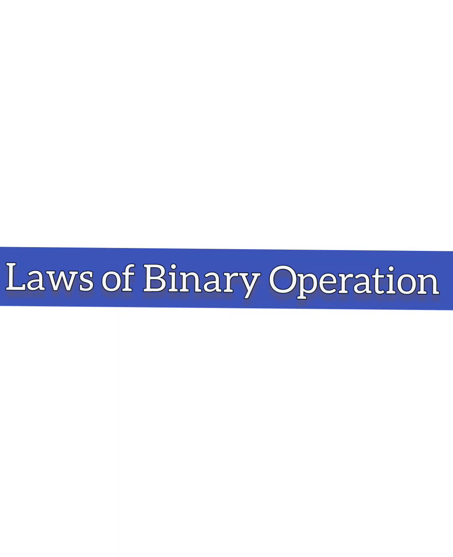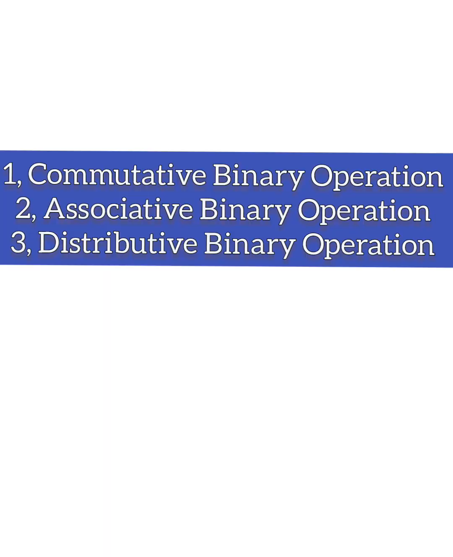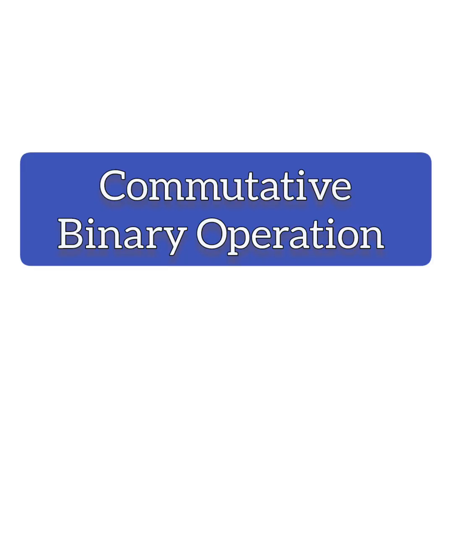Laws of binary operation. There are three basic laws of binary operation, and they are the commutative binary operation, the associative binary operation, and the distributive binary operation. The commutative binary operation.